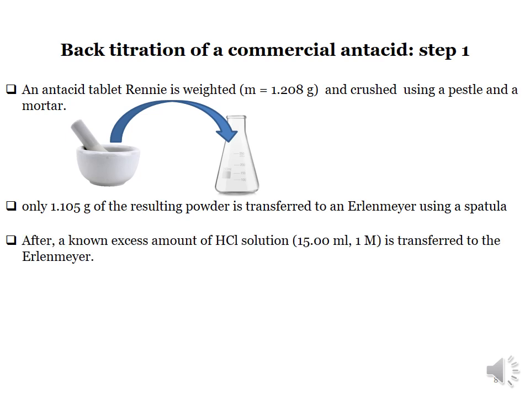Then the next step was that I added an excess amount of hydrochloric acid solution, 15 milliliters of concentration 1 molar. I transferred it to the Erlenmeyer using a pipette.